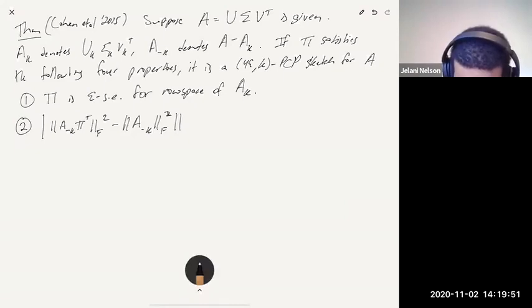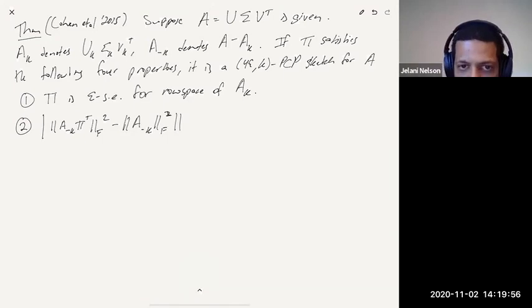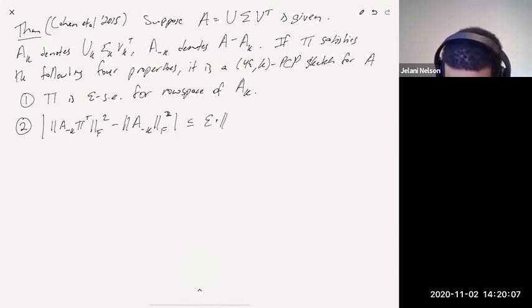Yeah, this is Frobenius norm. Oh, I know what happened. This thing should not be there. Okay. I want this thing to be at most epsilon times the Frobenius norm of A minus A_k squared.